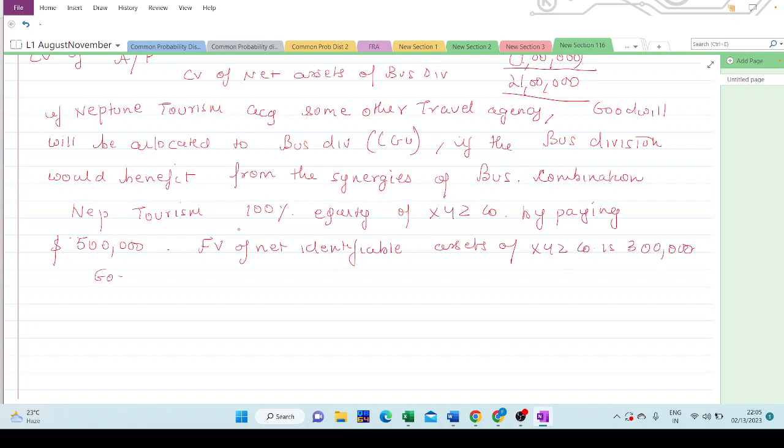Then what is the goodwill in this particular transaction? What is the goodwill in this acquisition? Please tell me. Anil, bata, what is the goodwill in this acquisition?